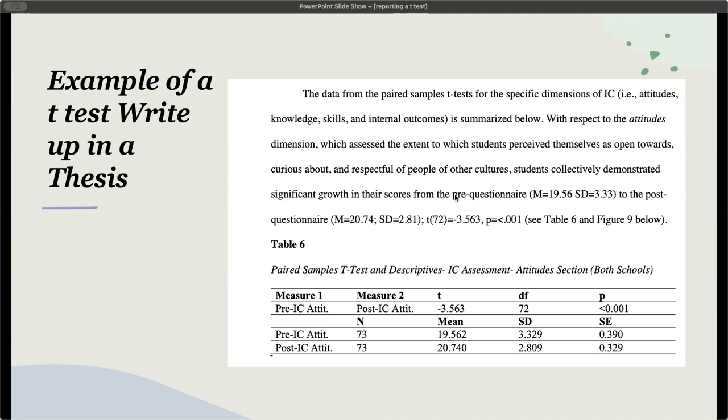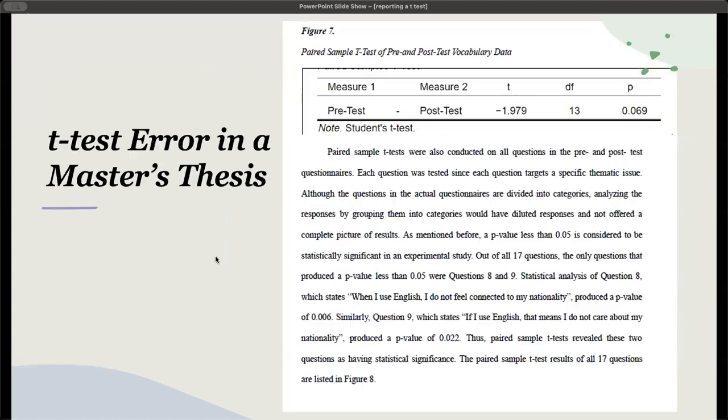Now, in this case here, she's giving the mean and standard deviation for the post-questionnaire, and the t-test. There should be a space between the P and the equal sign and then right after. But she also gave the contingency table here. Now, technically, because she has the write-up here, this contingency table should be in the appendix.